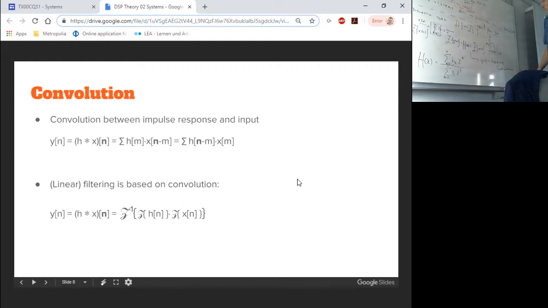So that's actually filtering, as we can see here. This is filtering. And there's the summing form of that one. But in frequency space, it means multiplication: multiplication of the system frequency response with the spectrum of the data.